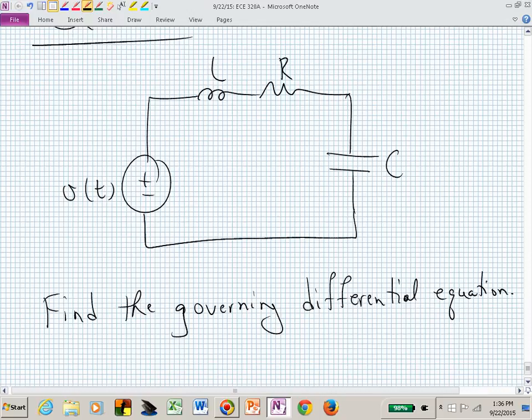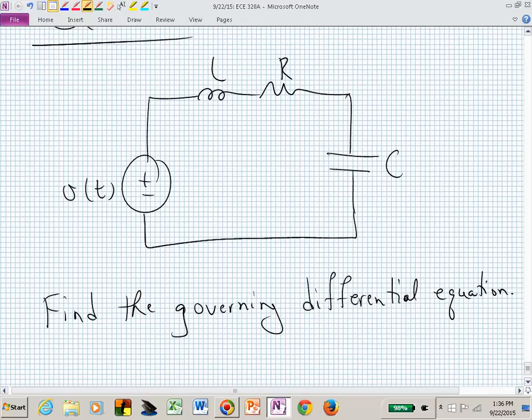You have no memory in a resistor. You give it a current, it gives you a voltage instantly, proportional to the current. But in ELI and ICE, that's a little different.